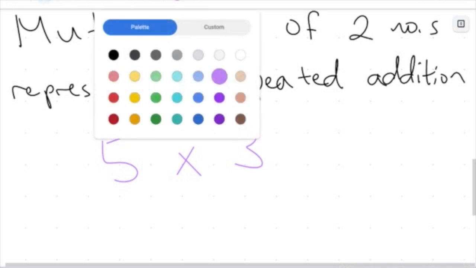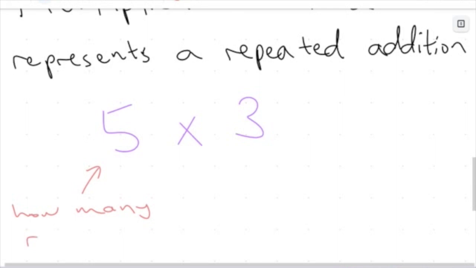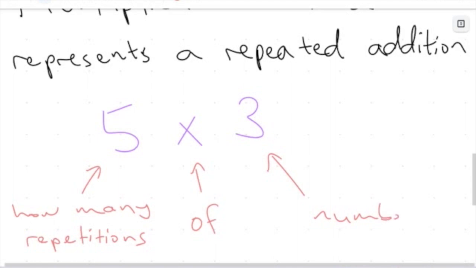So this tells me how many repetitions. And this is telling me 5 repetitions or groups of my number being added.